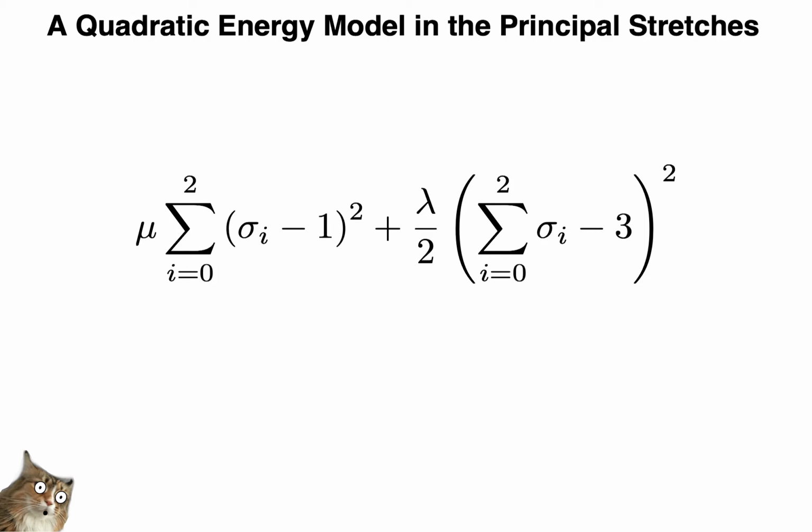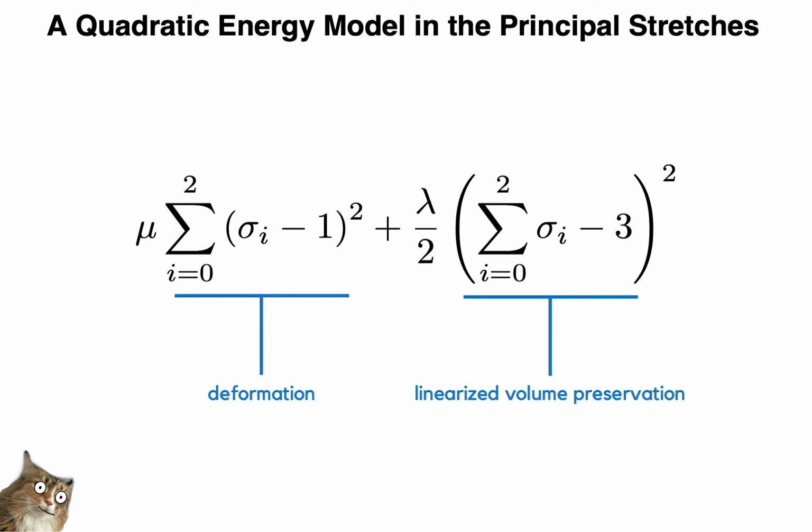So what does all this mean? Well, this model is measuring two things. The first term measures the 3D stretch or compression of our object, while the second term is measuring the approximate change in volume. This model then tries to balance total deformation while staying close to the volume of the original shape.